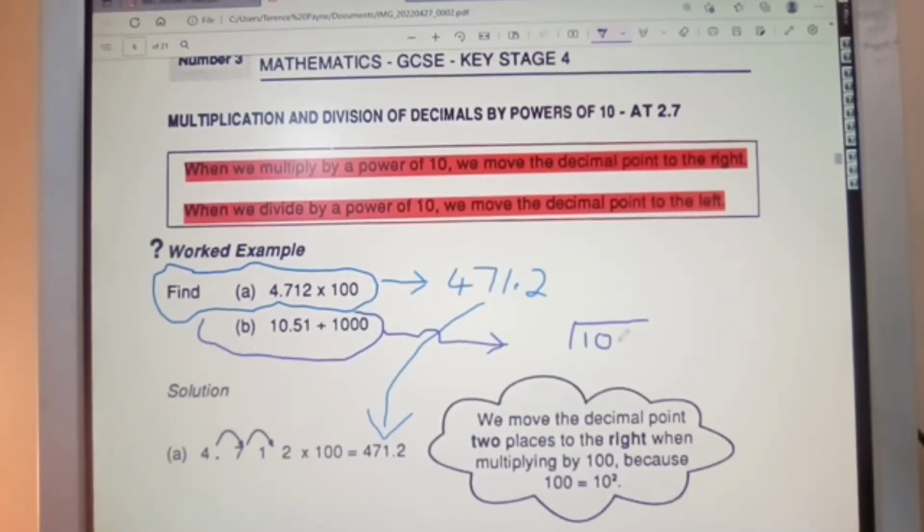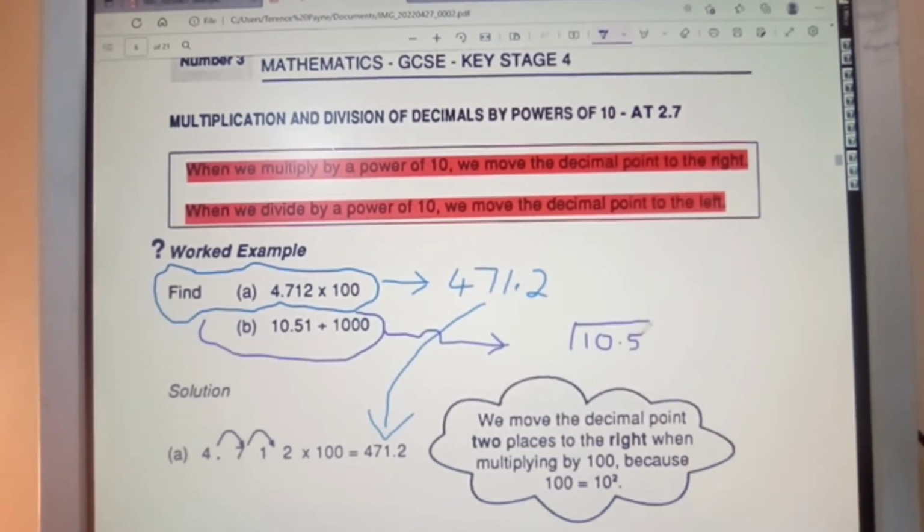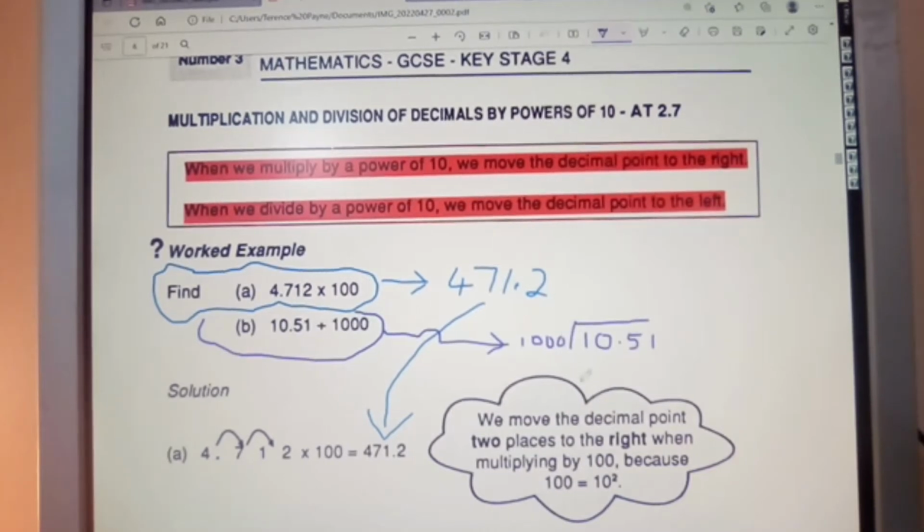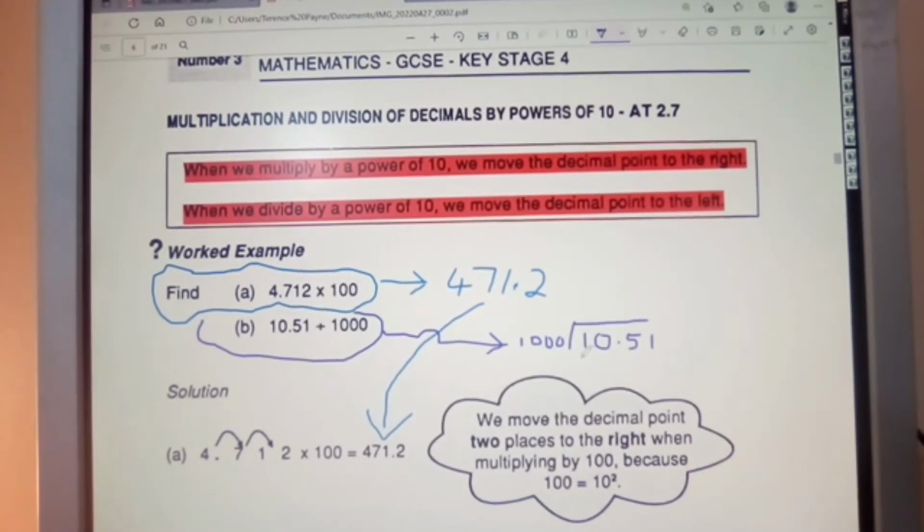10.51 divided by 1,000. Now 1,000 into 10 won't go.